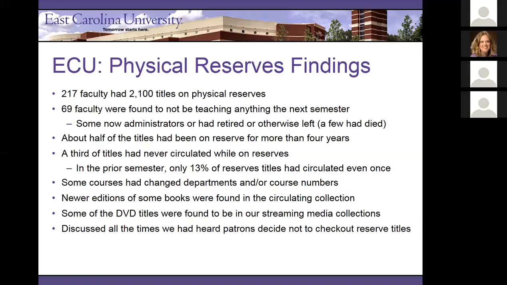We found that some courses had changed departments and course numbers. So if somebody had come up to the desk with their course name, we wouldn't have found it because it was still under the old name.